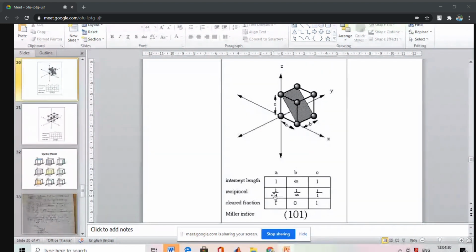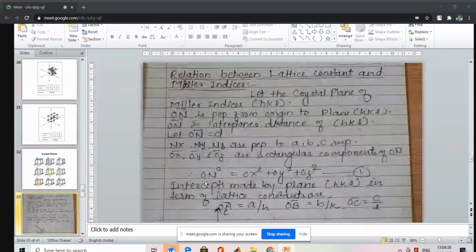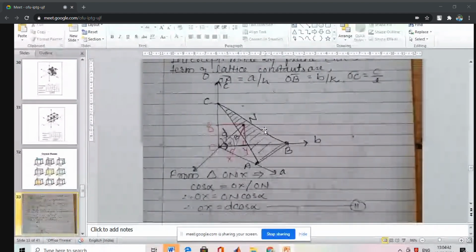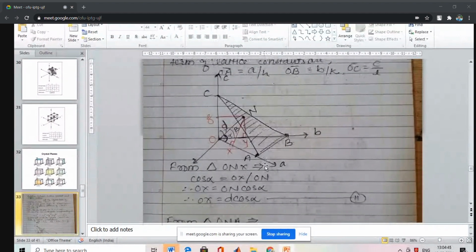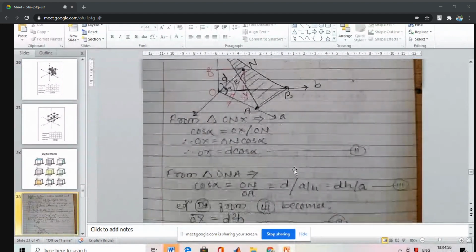If the lattice constant is A, then this will become A by 1. Okay, so in this way, in general, if this plane has the indices HKL and the lattice constants are A, B and C along the XYZ axes, then the OA will become the reciprocal of the Miller index with axis A.